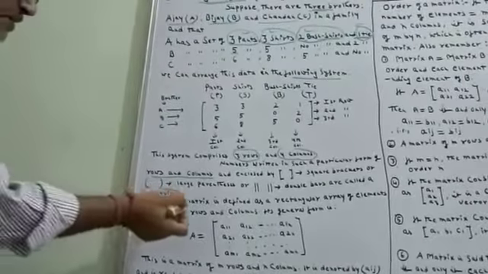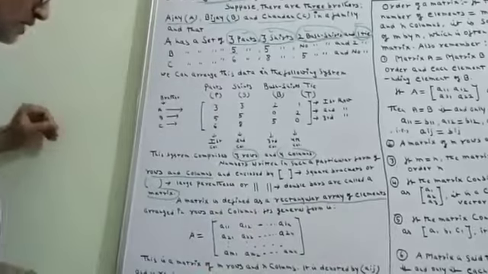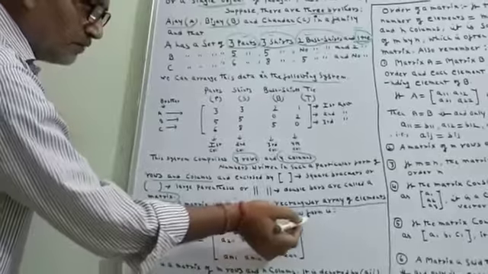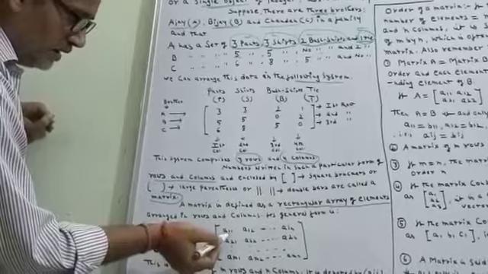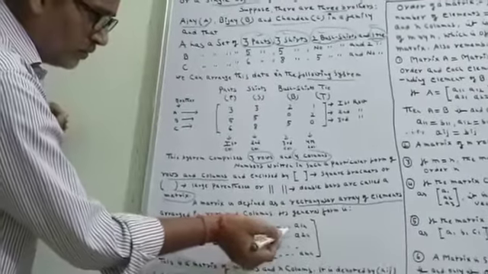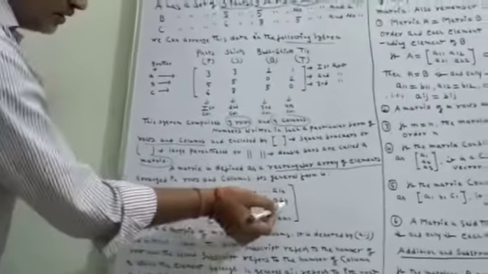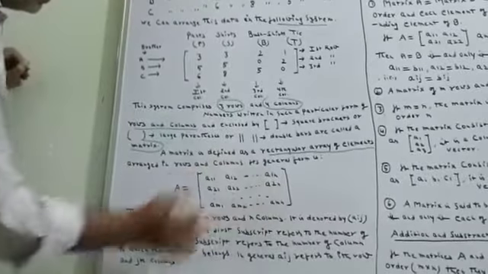इसे matrix कहते हैं. In other words, a matrix is defined as a rectangular array of elements arranged in rows and columns, and its general form is A equal to A11, A12, dot dot dot A1n, A21, A22, dot dot A2n, dot dot dot dot AM1, AM2, dot dot AMN.